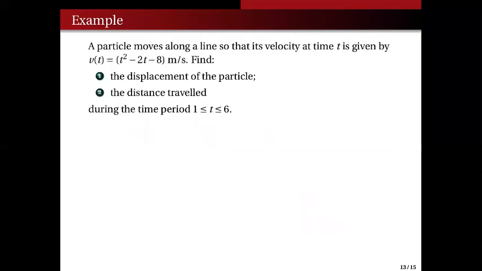Let us consider this example. A particle moves along a line so that its velocity at time t is given by this velocity function. Find the displacement of the particle. Find the distance traveled during the time period t between 1 and 6.